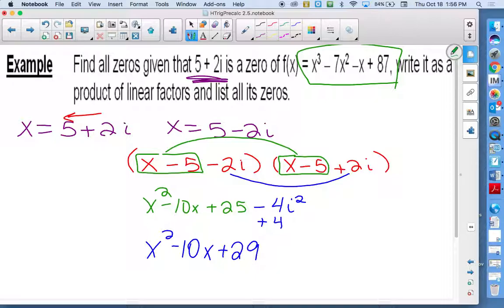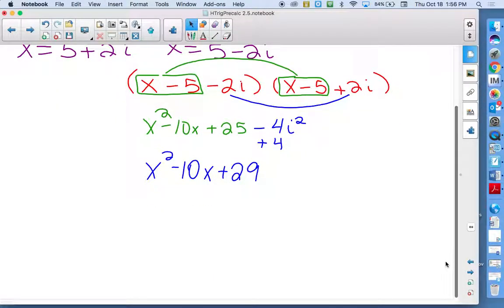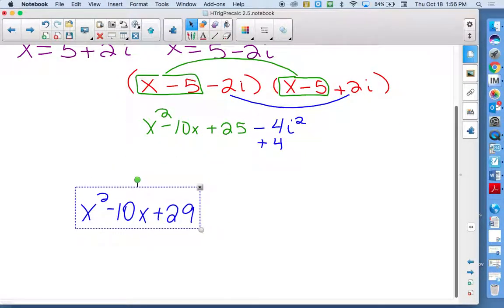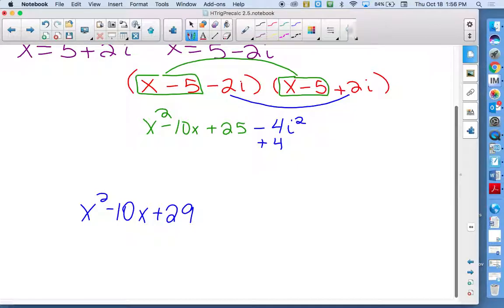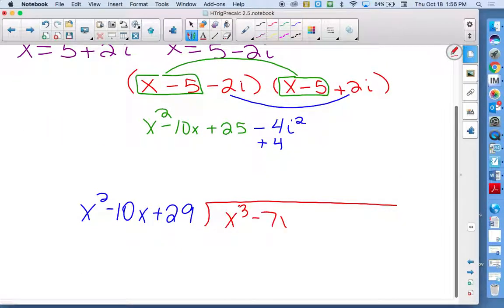So we're going to use long division and our original equation to see if we can use this to break it down. So we're trying to pull this out of x cubed minus 7x squared minus x plus 87. Because the leftover piece, if you're pulling out the imaginary parts, should be your real answer.